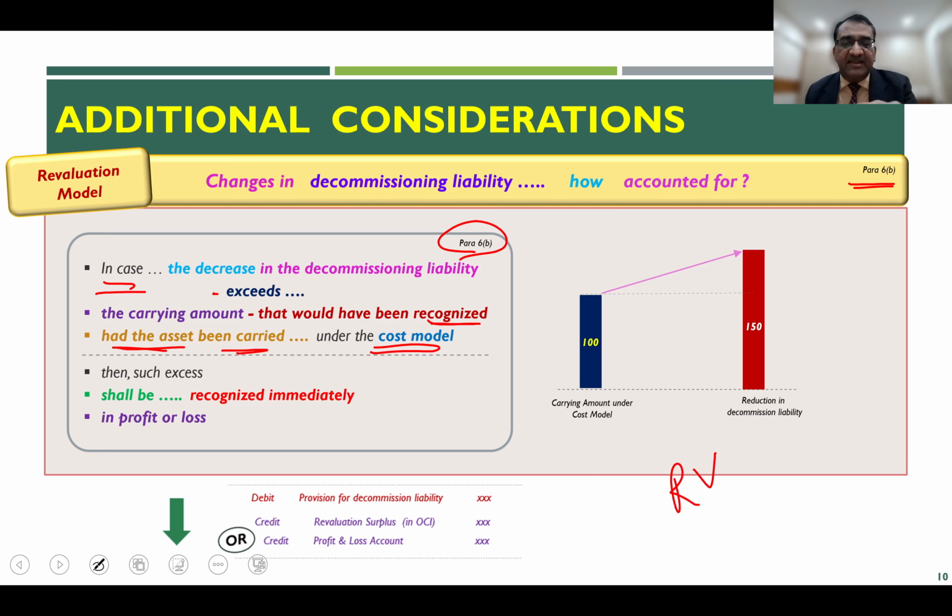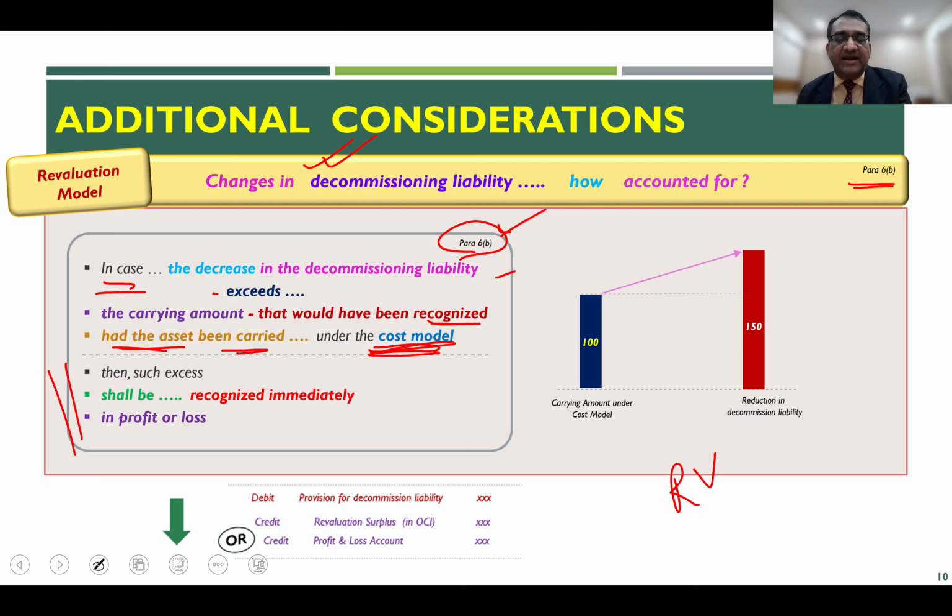This is an additional check which you have to do as required in paragraph 6b. Very important point. It says that if the decrease in decommissioning liability is greater than the carrying amount that would have been recognized, assuming you had recorded this asset under the cost model and not under the revaluation model, then such excess.